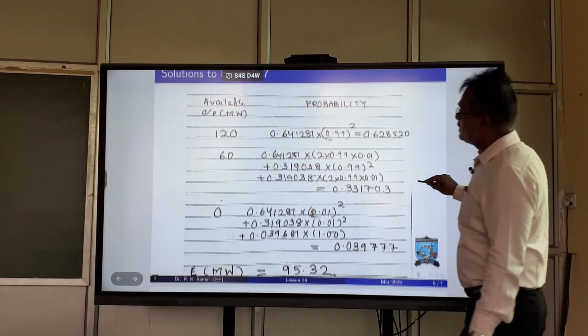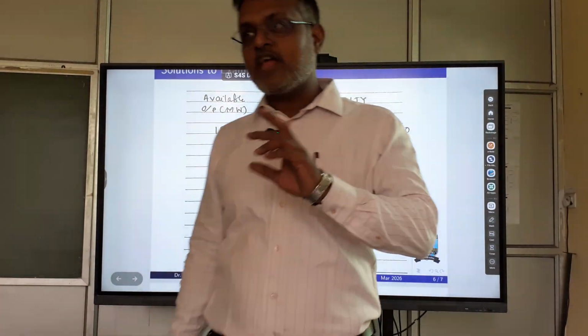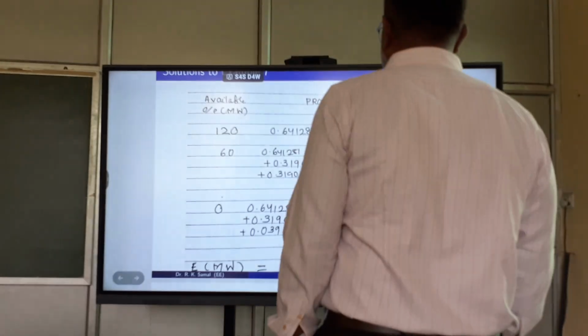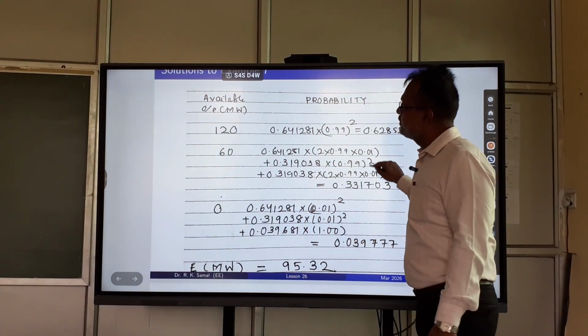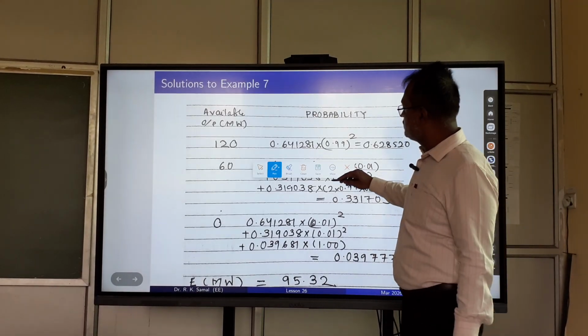But remember that each transformer is 60 MVA, so both transformers should be up. These are the output cases. Have a look at it.